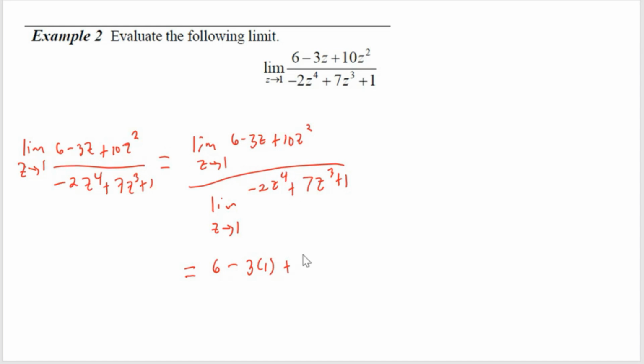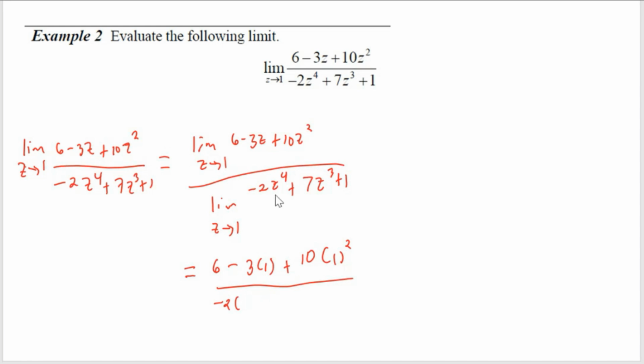So I will write first the coefficient of 10. So that's z squared as z approaches 1. Therefore, it's also equal to 1 squared, all over the limit of negative 2z raised to 4 as z approaches 1. So I will write first the coefficient negative 2 times, we are actually taking the limit of z raised to 4 as z approaches 1.